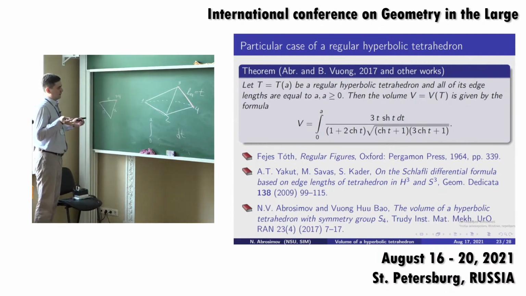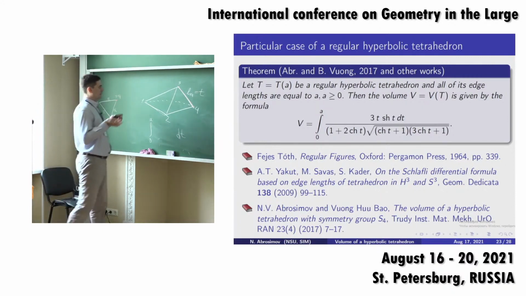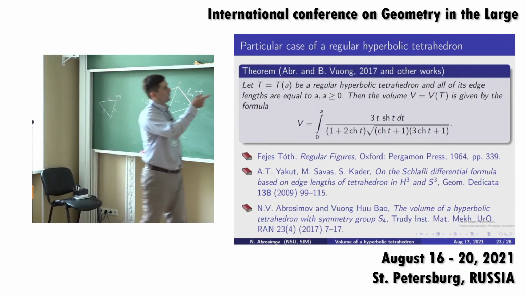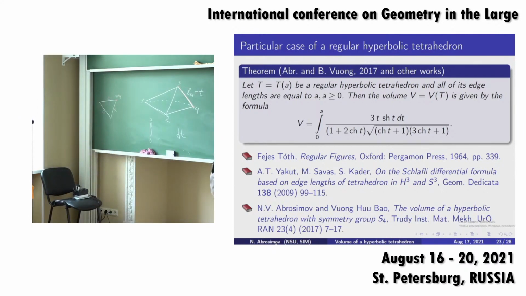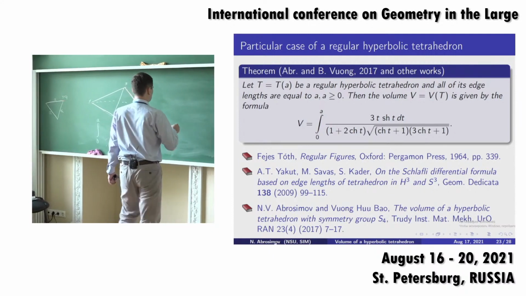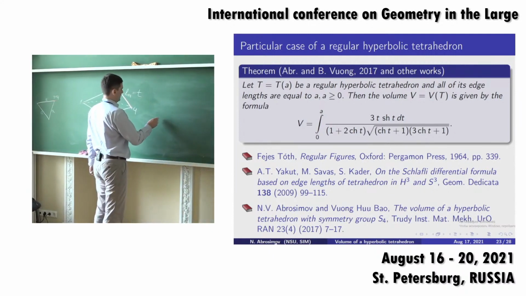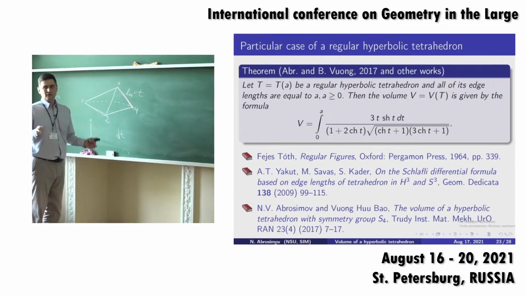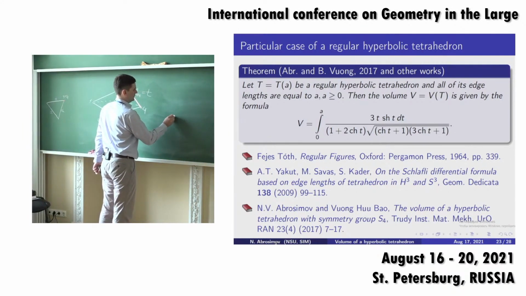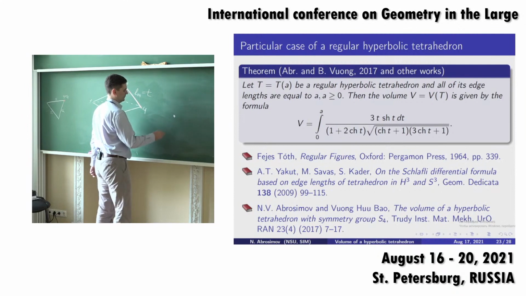But the differential form, the integrand, is different because in this case, unlike the latter theorem, we change all the edges at the same time. So we started from a point where T is equal to 0, right?